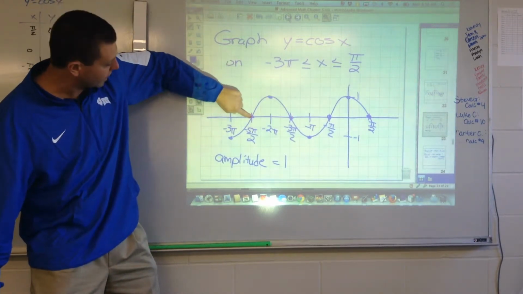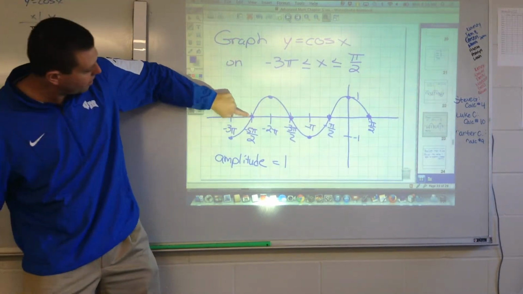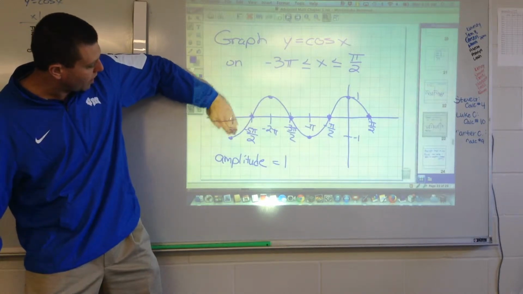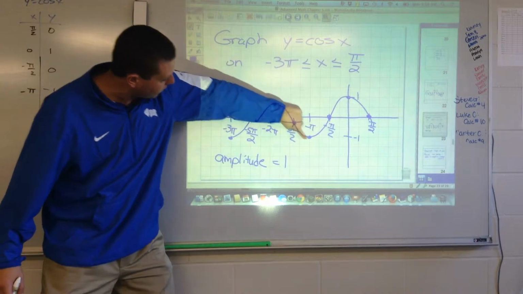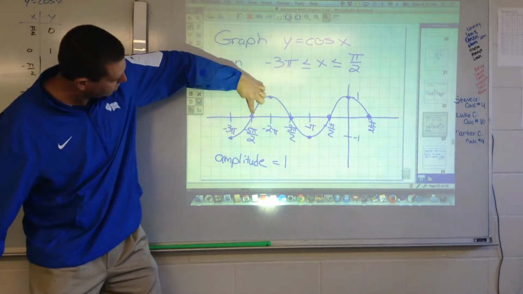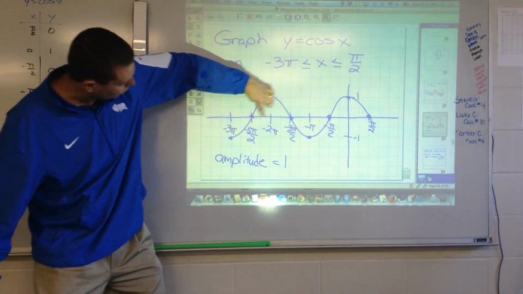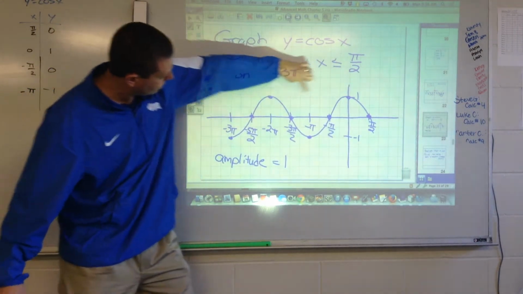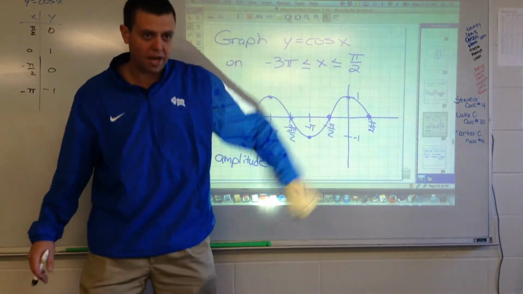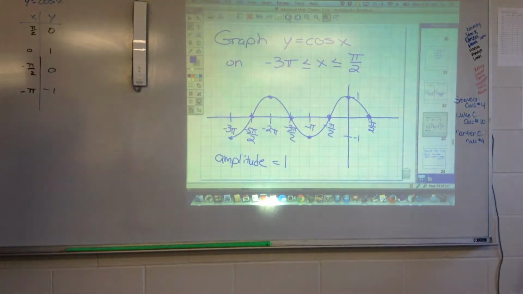To complete one full cycle, if you're using this 0 right here, you got to remember this is the wave on its way up. So when you get to here, that's not one full wavelength, it would be here. So from here to here, that is one wavelength. Or this is one wavelength, from the top to the top, or from the bottom to the bottom. How long is the period on that graph? 2 pi.